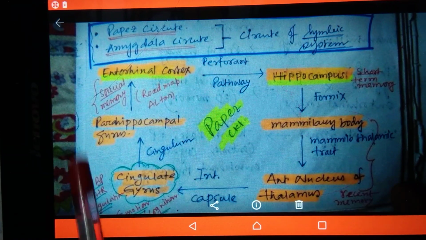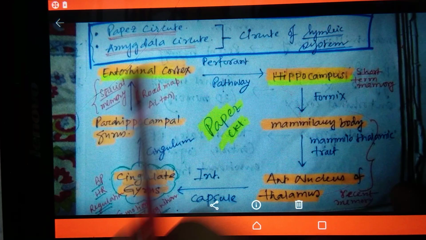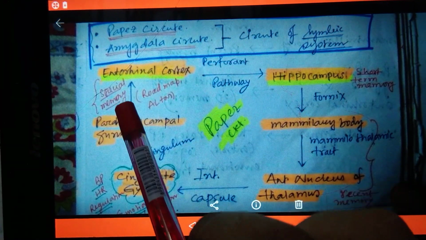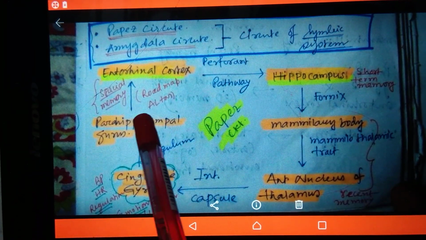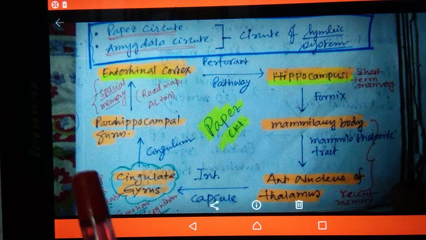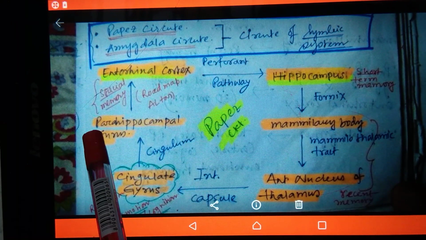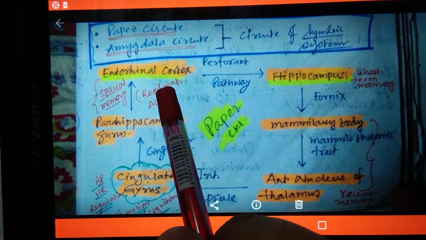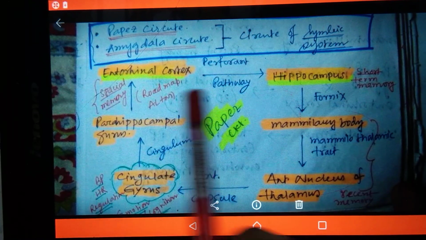The entorhinal cortex and the parahippocampal gyrus are mainly related to our spatial memory, that means map reading, atlas reading, and three-dimensional location memory.